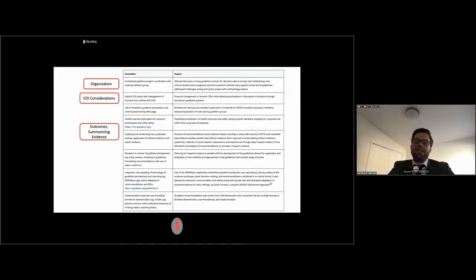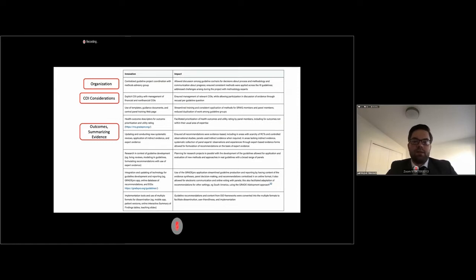For our evidence synthesis, for each of the guideline questions, we conducted or updated existing systematic reviews for intervention effects, including also systematic reviews for additional evidence, including patients' values and preferences, costs and resource use of interventions, feasibility, acceptability, the additional domains in the evidence to decision framework that would inform recommendations.